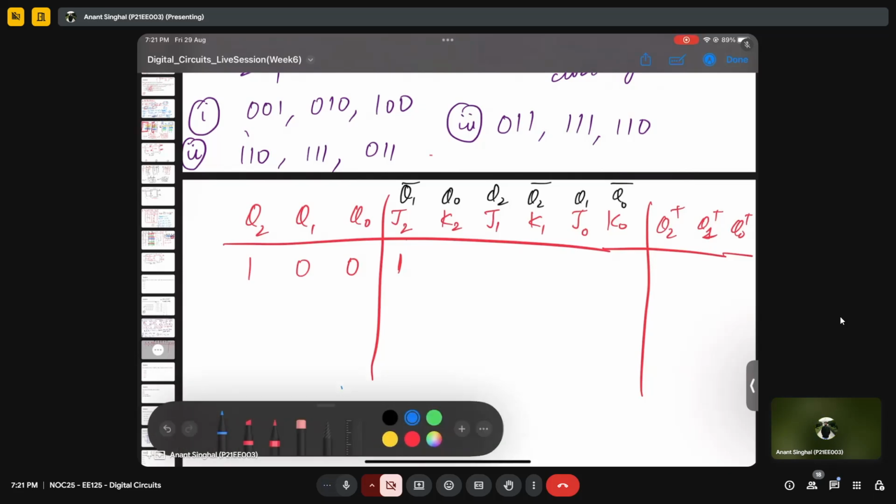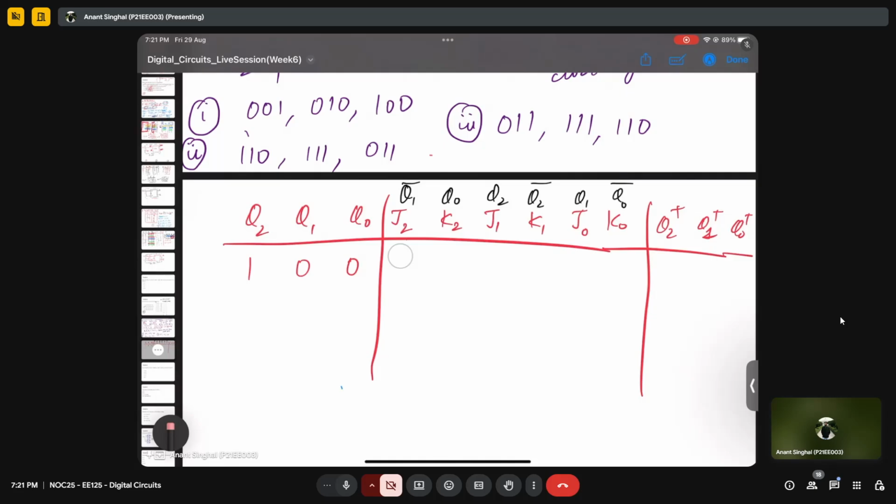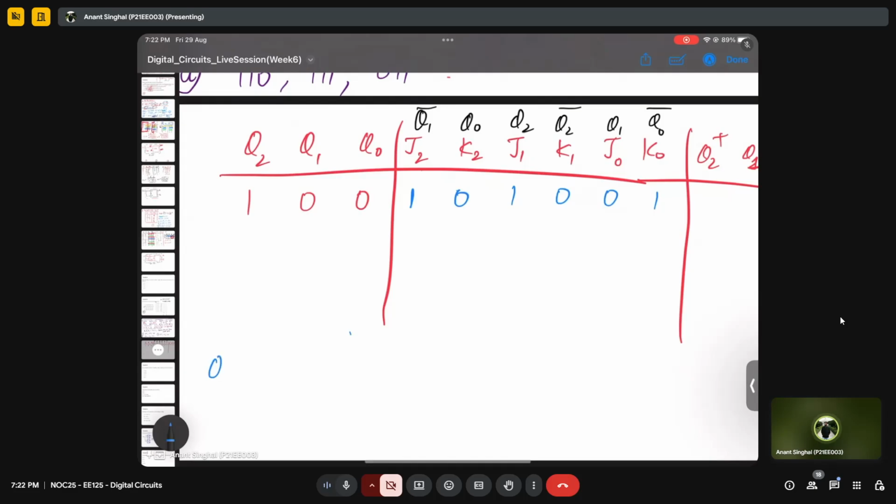This is 1, K2 is Q0 which is 0, J1 is Q2 which is 1, K1 is Q2 bar which is 0, J0 is Q1 which is 0 and K0 is Q0 bar which is 1. Is it clear to everyone? Please let me know if it is clear. Yeah, great.